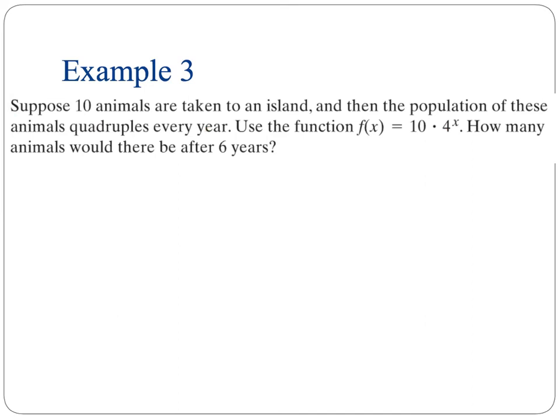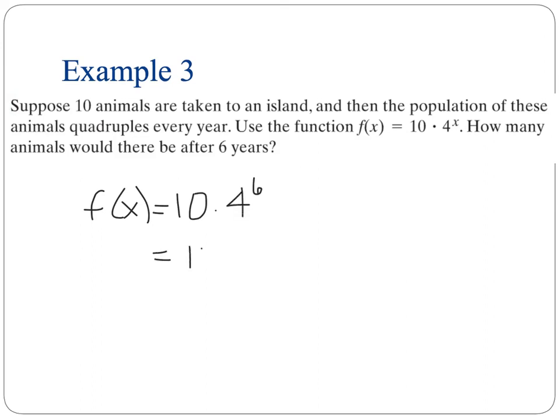Because it's every year, I know that whatever I plug in for x has to be years. The problem asks how many animals will there be after 6 years? Because I'm looking for 6 years and we know that x is in years, all I have to do is plug that 6 in for x. So I end up with f of x equals 10 times 4 raised to the power of 6.